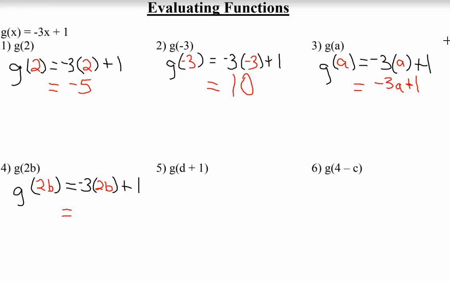So this time, since like with the a, that was just straight multiplication and there was nothing really to do. But here we've got -3 times 2 times b. So multiply the numbers. -3 times 2 is -6b, and then nothing happens with the plus 1 because it's still just hanging out there on the end.